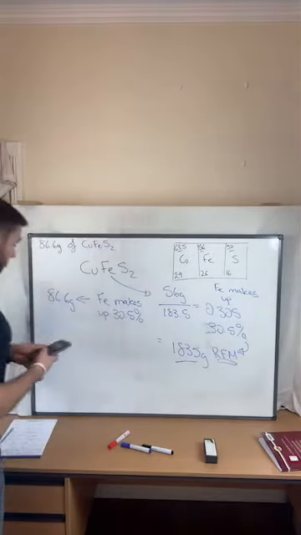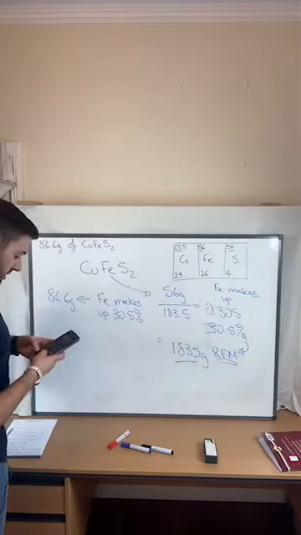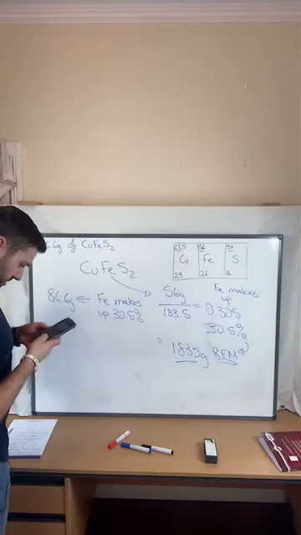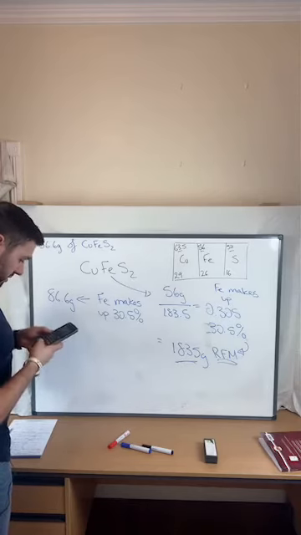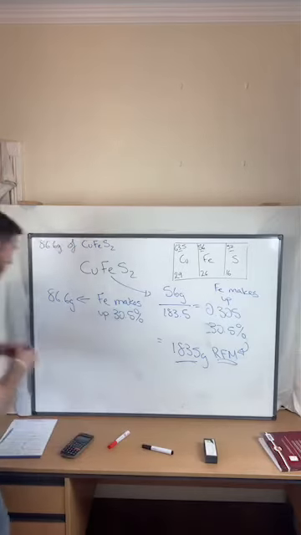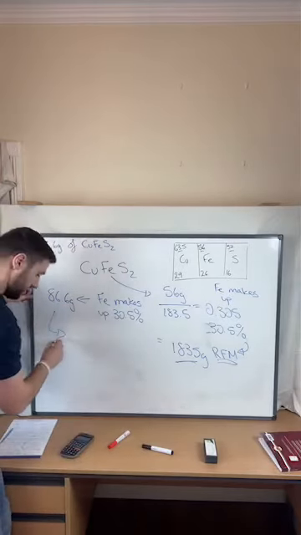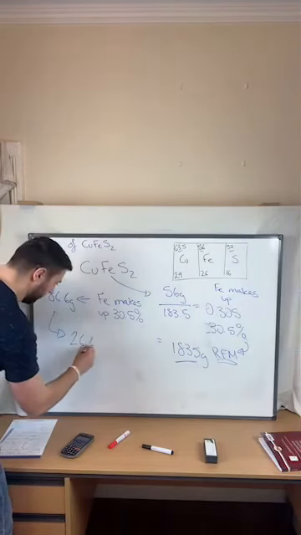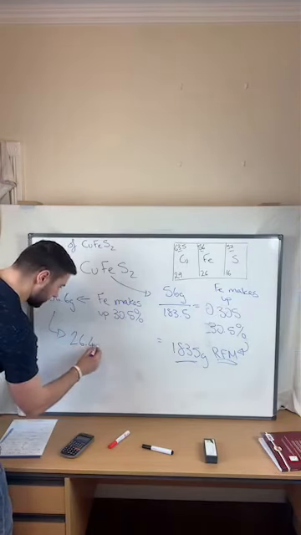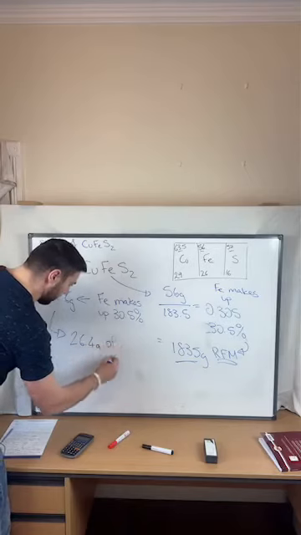So we just go 86.6 times 30.5%. Where's the percentage sign when I need it? I can't even see it. I'm just going to go 0.305. Which means that iron of this is 26.4 grams of iron.